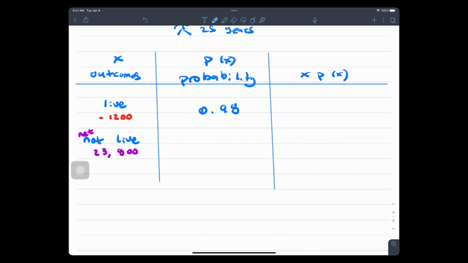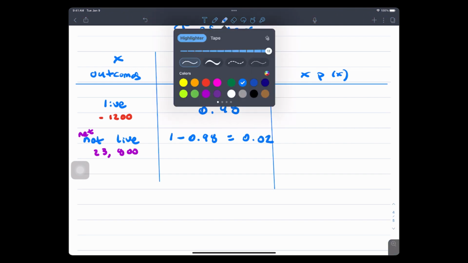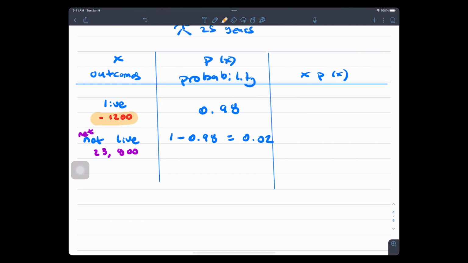Now, what's the probability you don't live? What's the complement of living? It's not living. What's 1 minus 0.98? Do you guys know what that is? 0.02. So what you now have is the x value and the p of x. You got the x value and the p of x. So I can find the x times p of x.